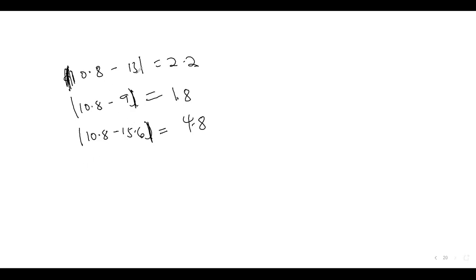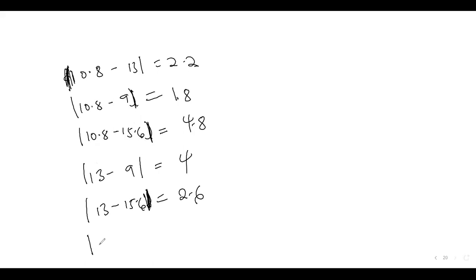So this is group 1 and 2, group 1 and 3, group 1 and 4. Then group 2 and 3, that is 13 minus 9, which is 4. Then group 2 and 4, 13 minus 15.6, that is 2.6.